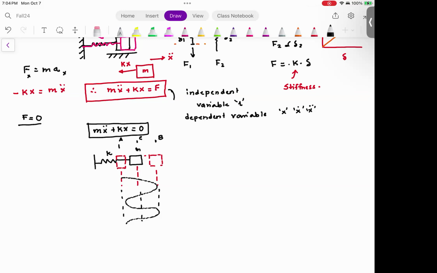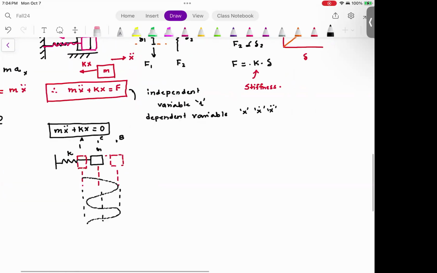Do you agree with me? At point B, the spring is fully stretched, but the velocity of the mass is zero. Spring is stretched, which means it has the maximum potential energy, like a recoil. So you have the maximum potential energy when the spring is fully stretched.